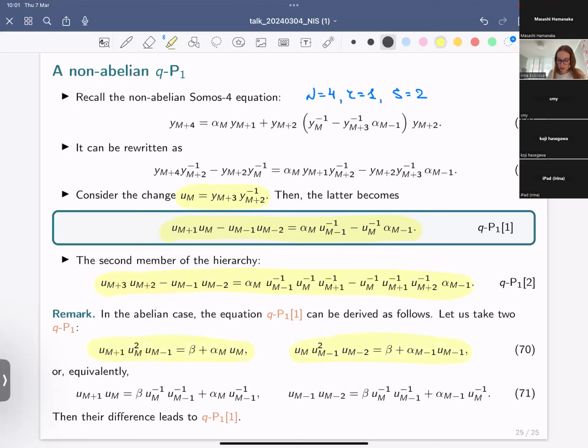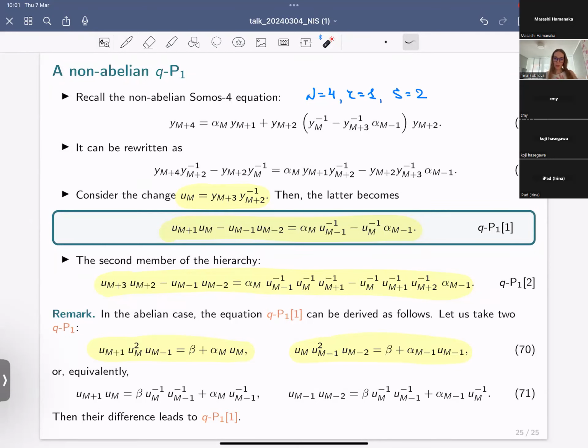Note that they can be rewritten in the following form. We can divide the first equation by u sub m and u sub m minus 1, in order to obtain this form, and similarly for the second one. Then if we take the difference of these two equations, we obtain a commutative version of this non-commutative expression.